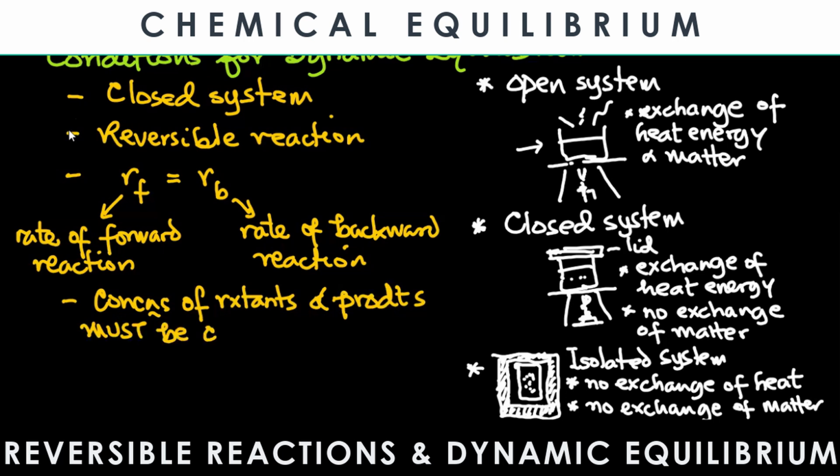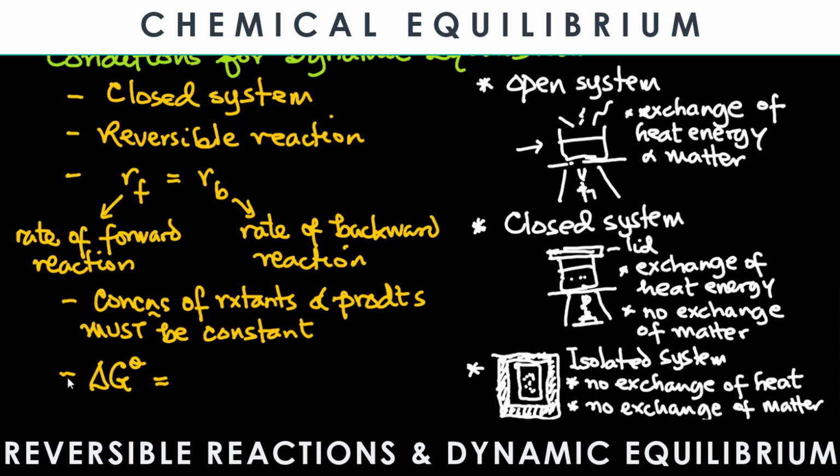Constant. That there must be no what? Change in the concentrations of the reactants and what? Products. Then the last one, the change in the standard Gibbs free energy of the system must be equal to what? 0.